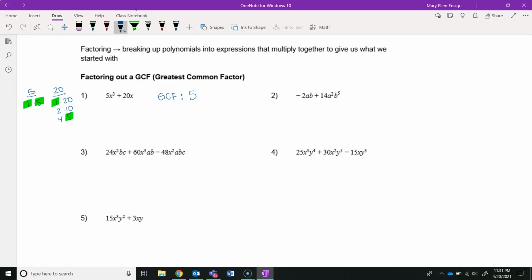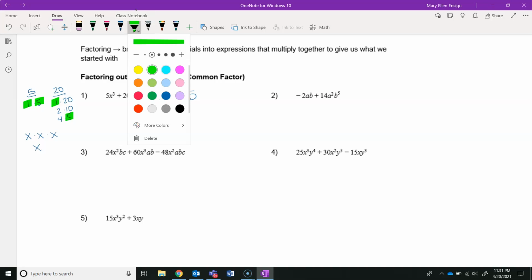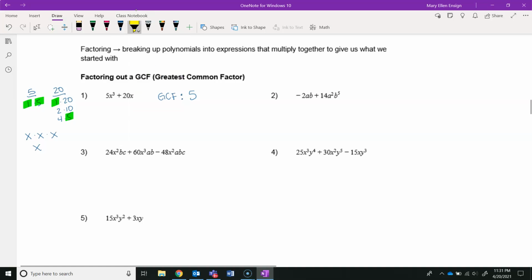Now I need to figure out the x part of my GCF. You don't have to write it out like this every time, but let's just see what's happening here. x cubed is x times x times x. x to the first is just x. I can take 1 out of each of these.